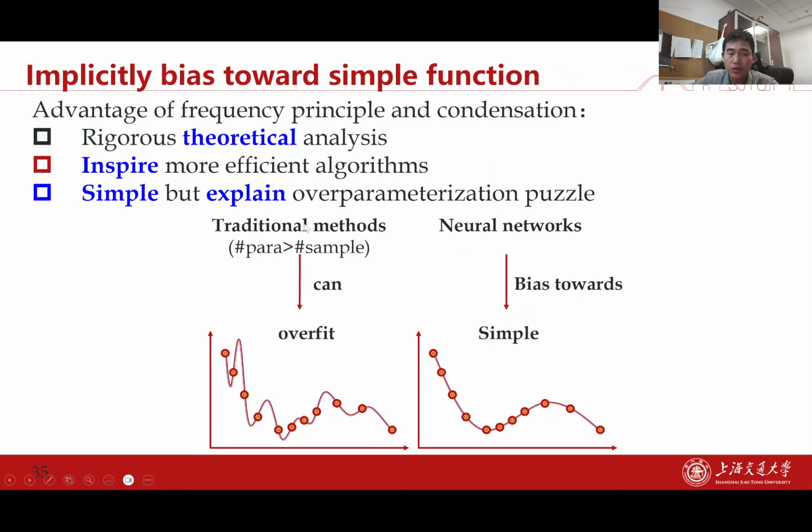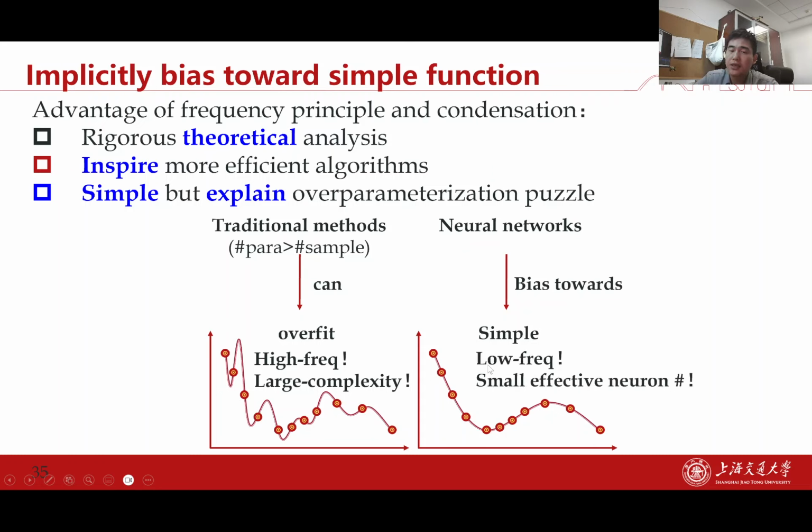For traditional methods, if you have the number of parameters larger than the number of samples, you can easily overfit the data points with a high frequency curve or large complexity curve. But a neural network can bias towards a simple function. Why? Because it has this implicit bias of low frequency and also tries to be equivalent to a small effective neuron number. So you can easily use a very flat curve to interpolate these data points.